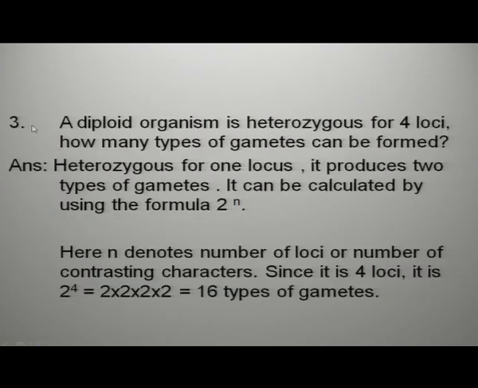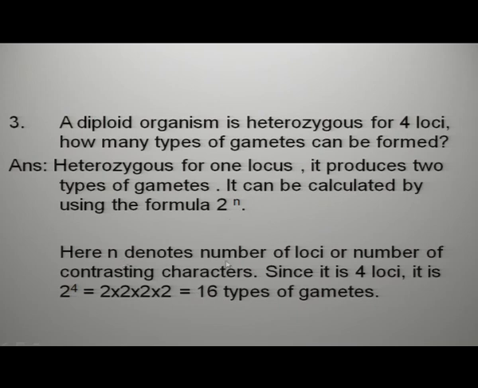Your third question is, a diploid organism is heterozygous for 4 loci. How many types of gametes can be formed? Heterozygous for one locus, then it produces 2 gametes. It can be calculated by using this formula, 2 raised to n.